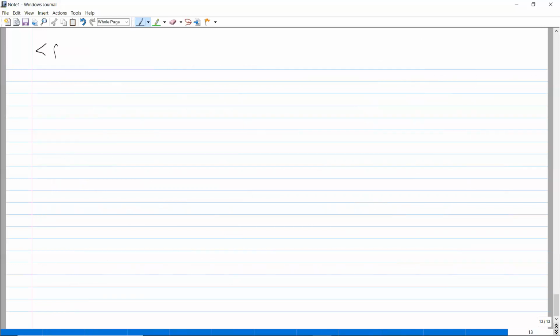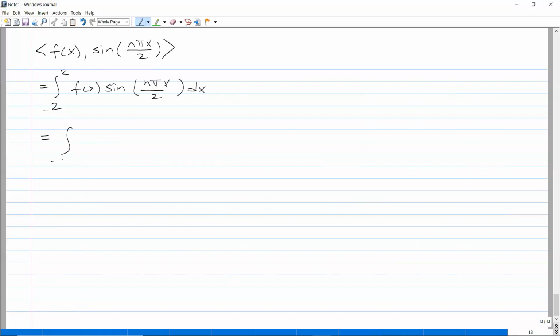On the other hand, if you look at the inner product with sine, again from minus 2 to 2, f times sine n pi x over 2.